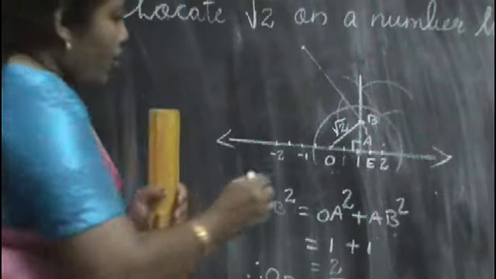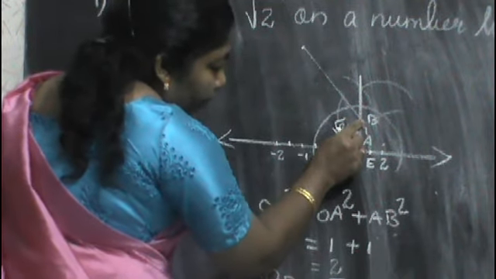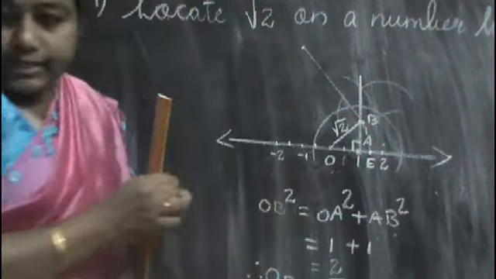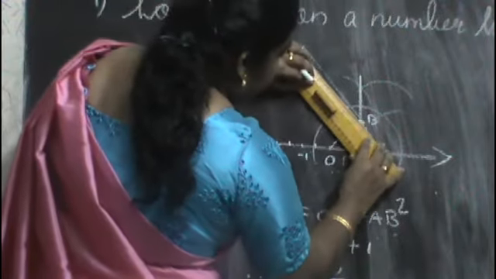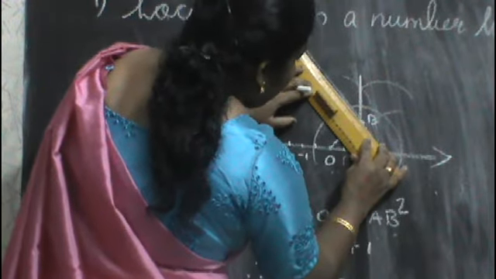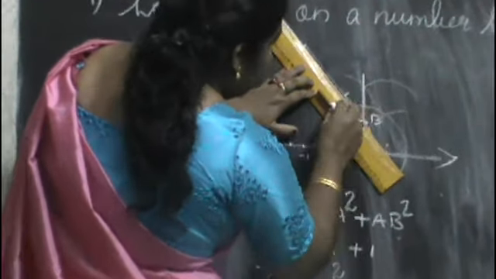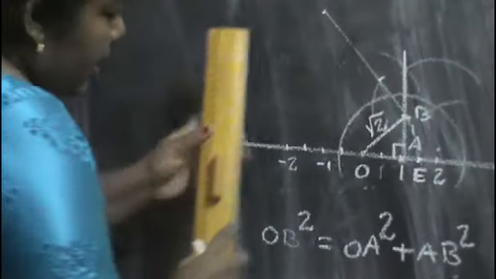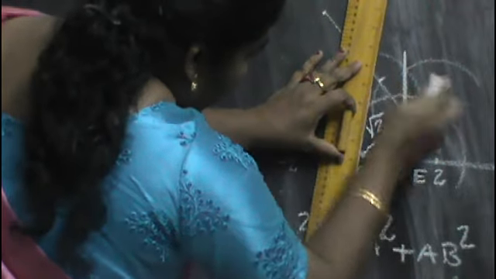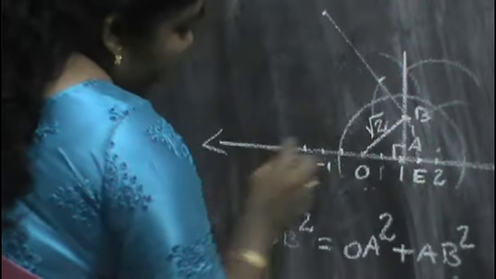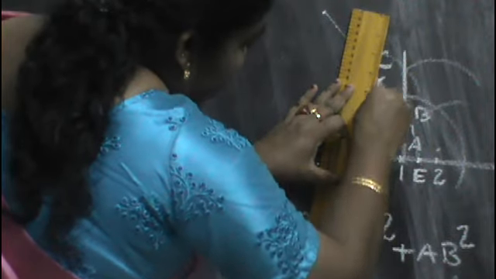And take 1 centimeter on this line. From B, measure 1 centimeter. This is 1 centimeter. Then join and name this point as C. Then join O and C.